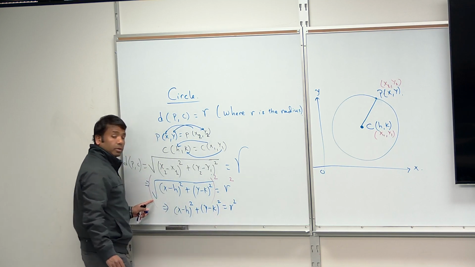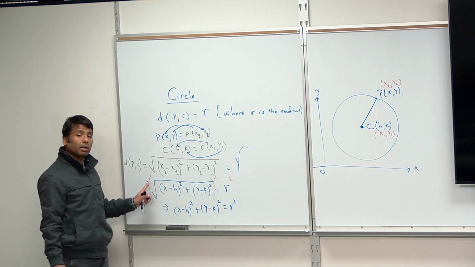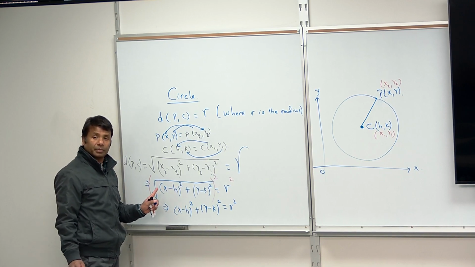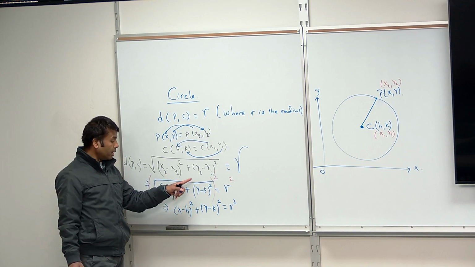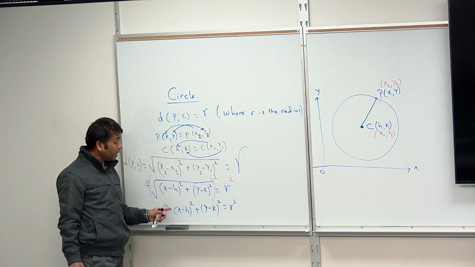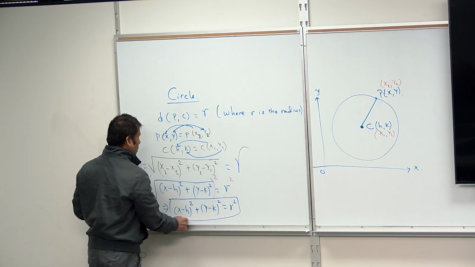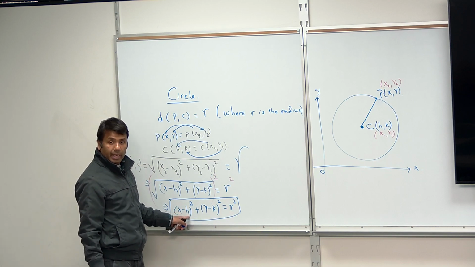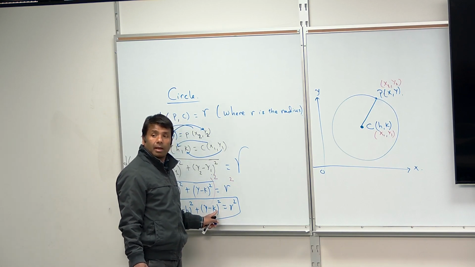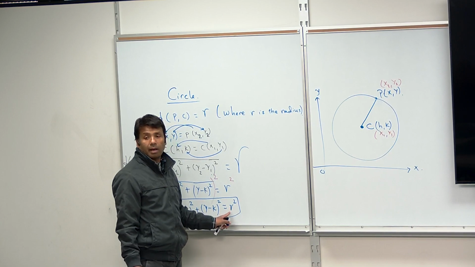When you square both sides, this radical sign will be gone, right? You will get rid of the radical sign. So this is the equation of the circle with center at h, k and radius r units.